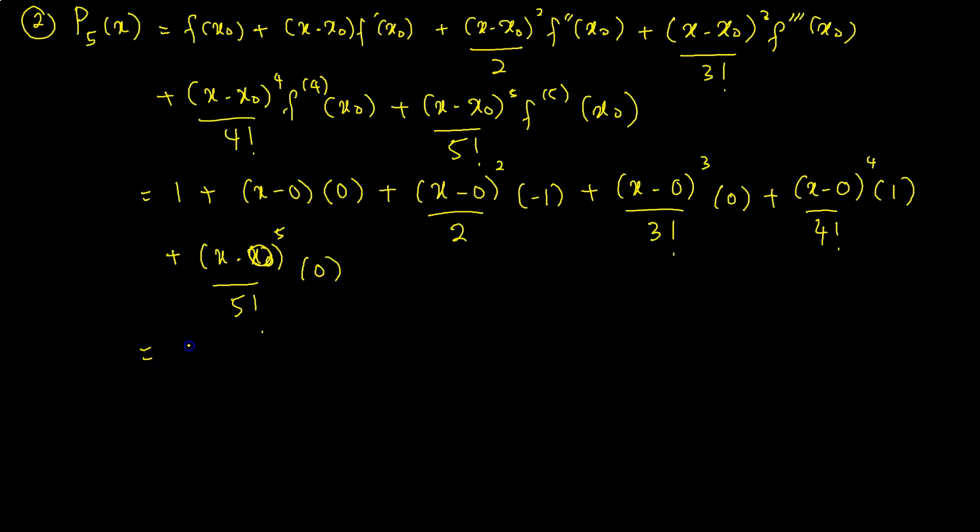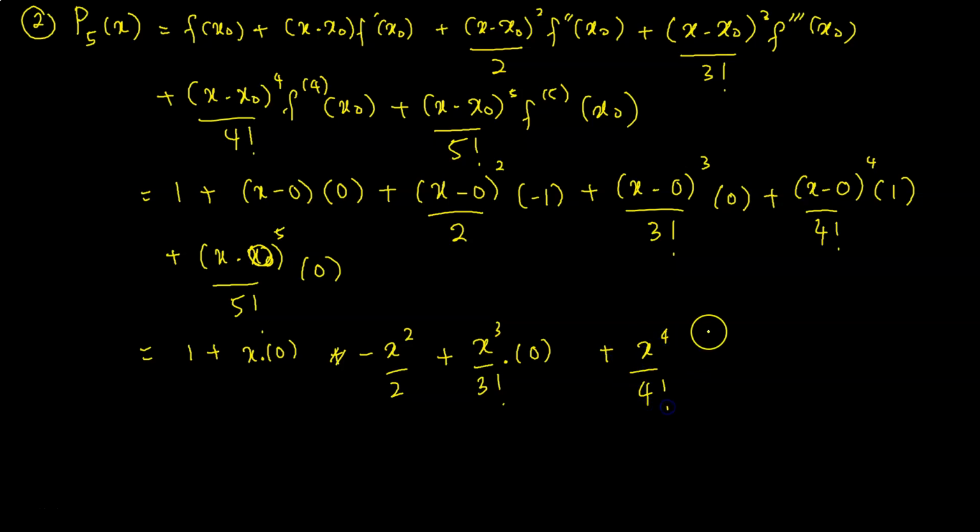So what we have here is 1 plus x times 0, plus minus x to the power of 2 divided by 2, because we have negative 1, plus x to the power of 3 divided by 3 factorial times 0, plus x to the power of 4 divided by 4 factorial times 1, and then plus x to the power of 5 divided by 5 factorial times 0.